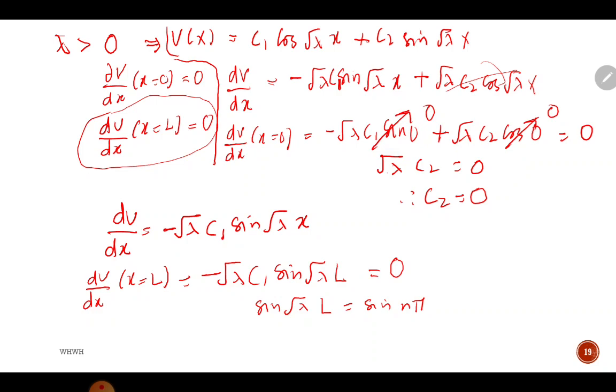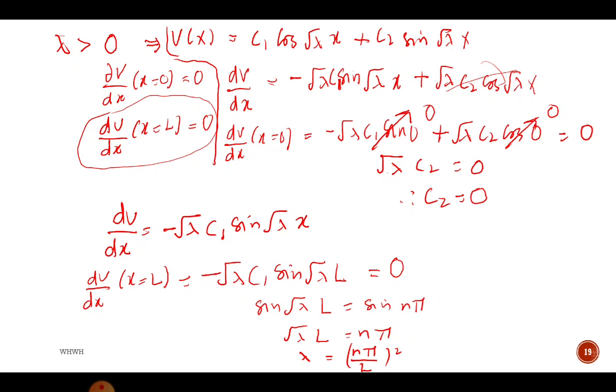Sama je macam tadi kan. And then daripada sini kita tahu square root lambda L is equals to n pi. Then our lambda is equals to n pi over L square. Right. N pi over L square.